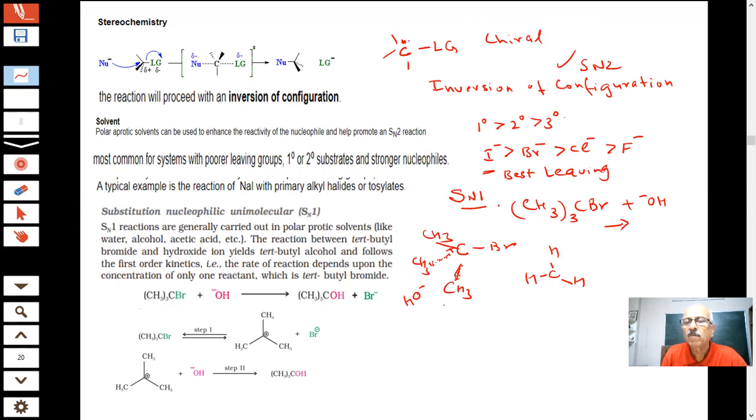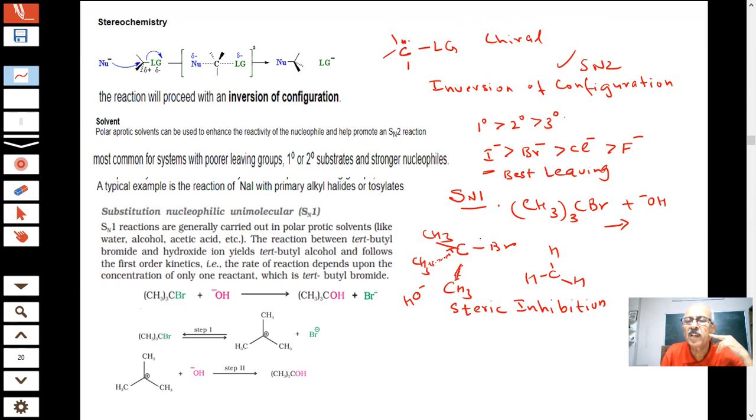No, sterically not possible. There is a lot of steric inhibition. Very much crowded, a huge crowd is there. So how will it come? Then what has to be done?